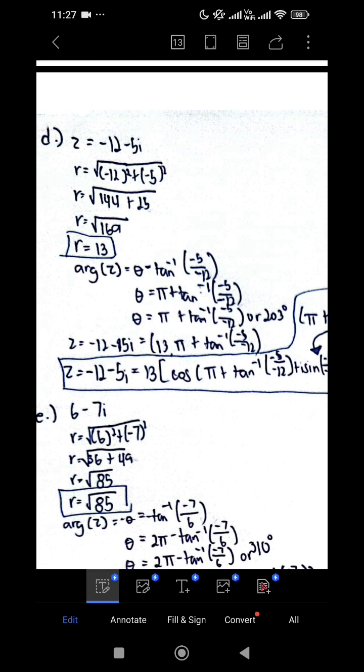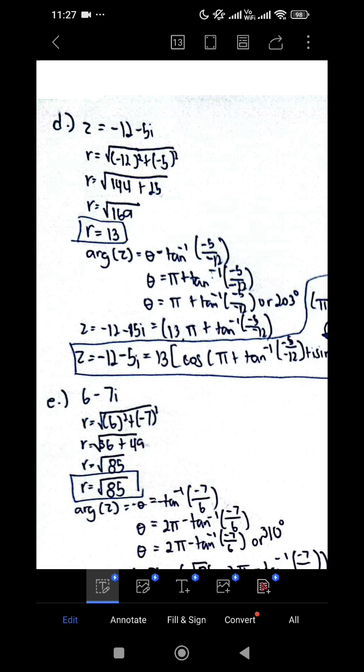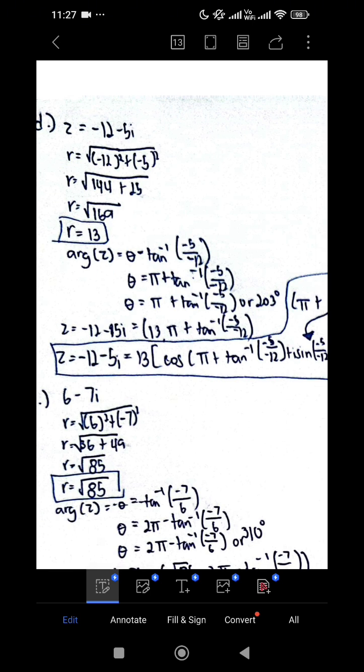Then we will get the value of z is equal to negative 12 minus 5i is equal to 13, pi plus tangent raised to negative 1, parenthesis negative 5 over negative 12.